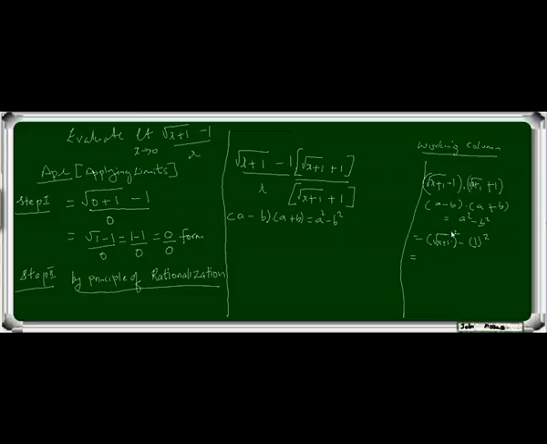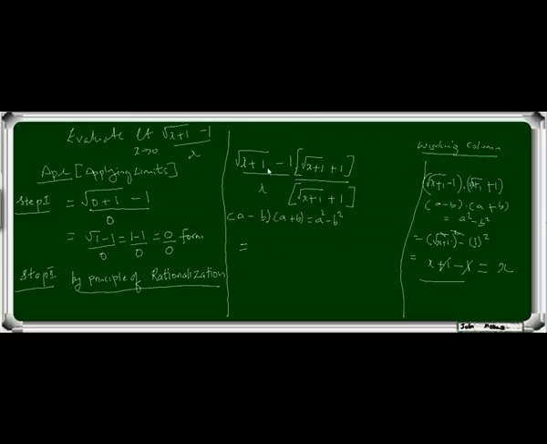The square and the square root get cancelled, giving me x plus 1 minus 1 squared, which is 1. Since the sign is negative, I am retaining the negative sign. So plus 1 and minus 1 get cancelled, giving me x. So this is the working that I am going to apply.